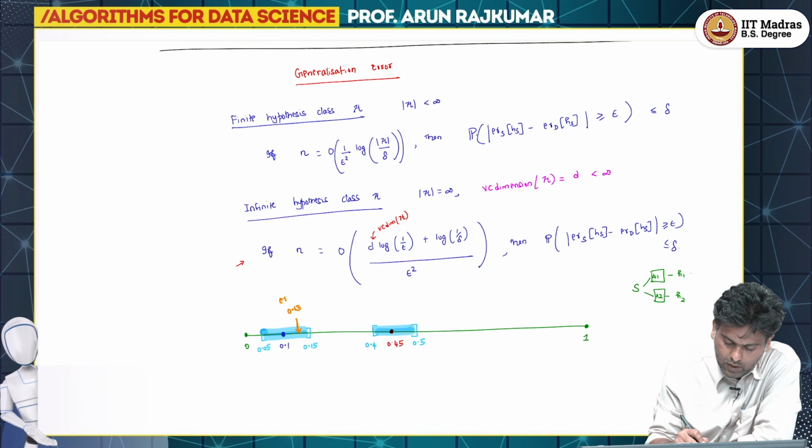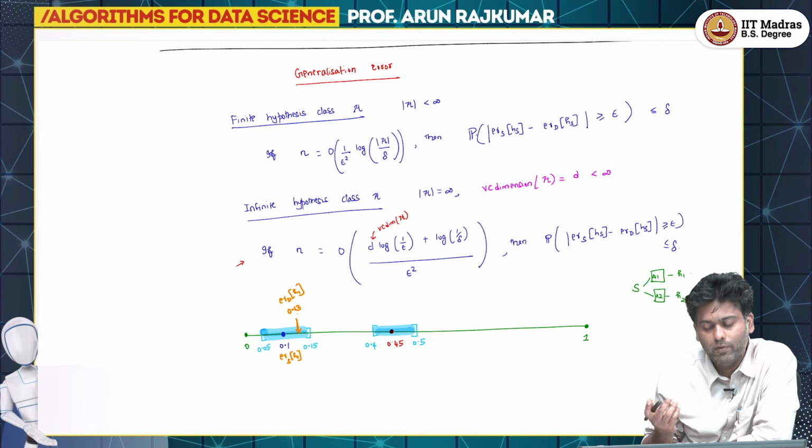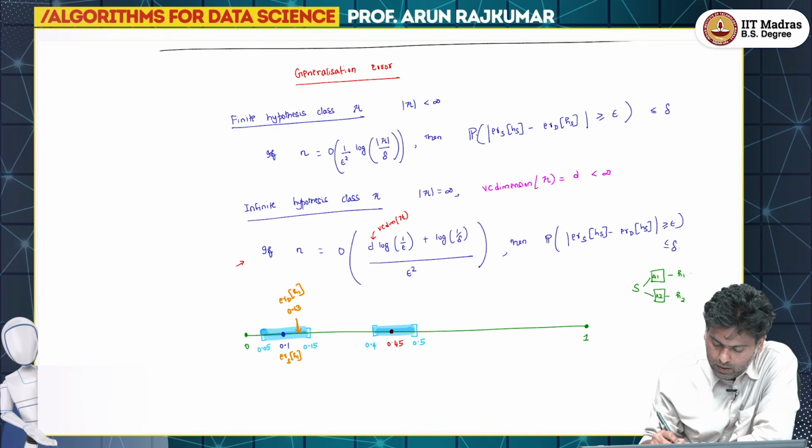So 0.1 is of course RS of H1, and 0.13 might be RD of H1. Similarly, RD of H2 might be 0.42 perhaps, and of course 0.5 is RS of H2.